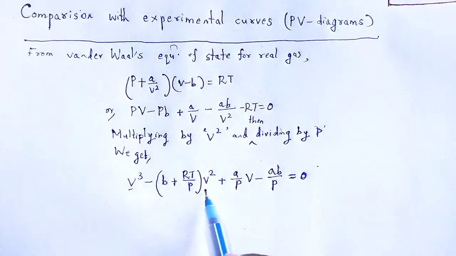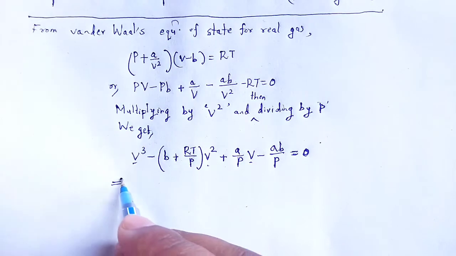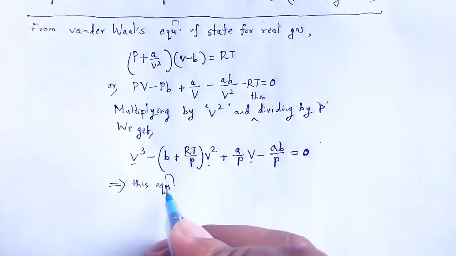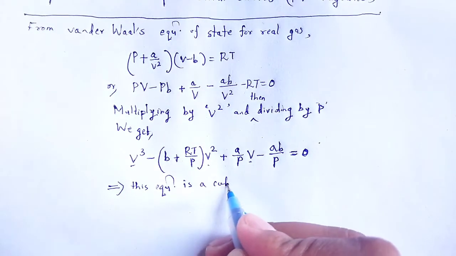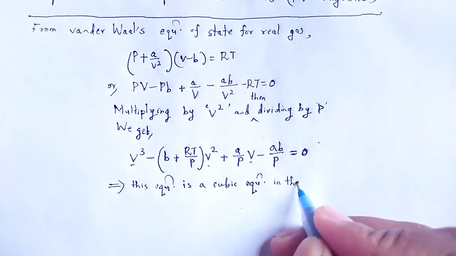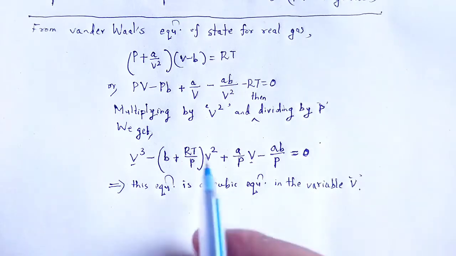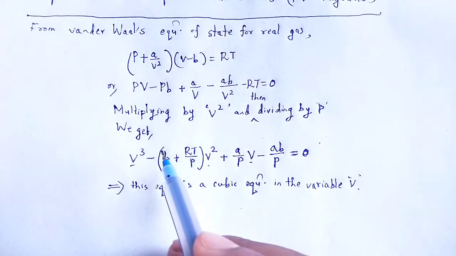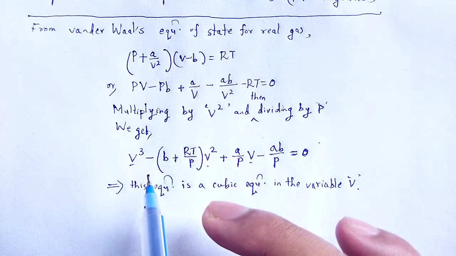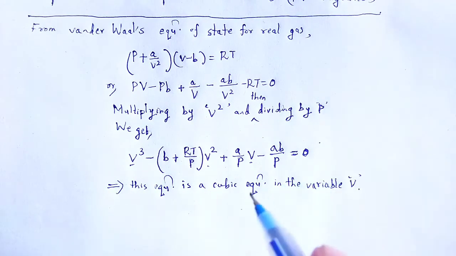Here V cube, V square, V. This equation is a cubic equation in the variable V. As that is a cubic equation in V, hence for any value of pressure and temperature there should be 3 values of the volume V.